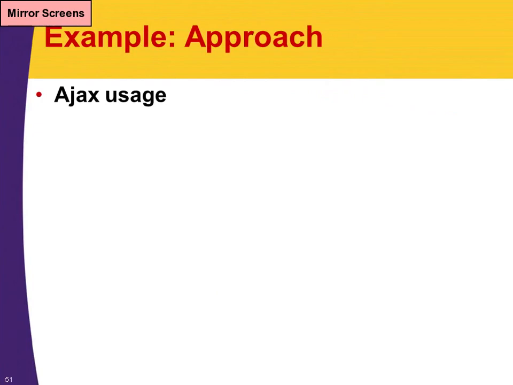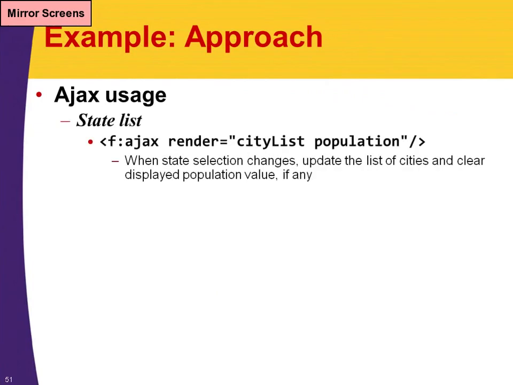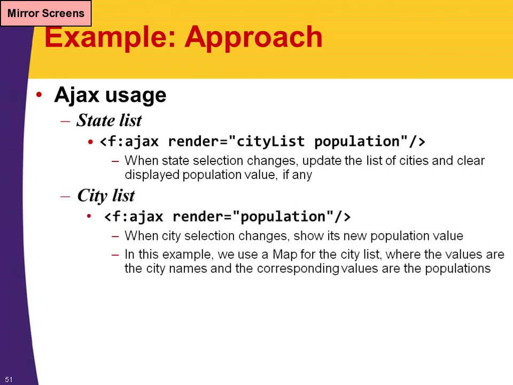So how might you do this? If you use Ajax, you might do something like this. The state list, you'd say render the city list and the population. Those are in fact based upon the state list. The city list, you'd render the population, which is based upon the city list.